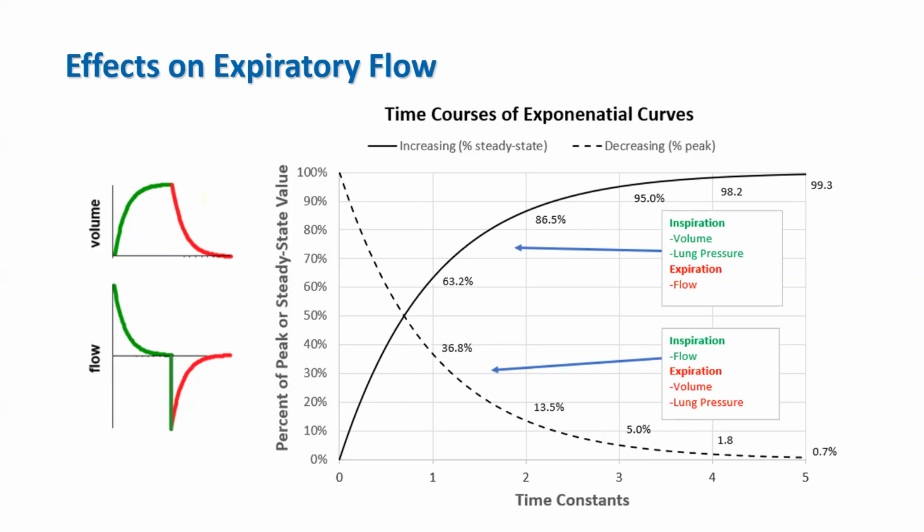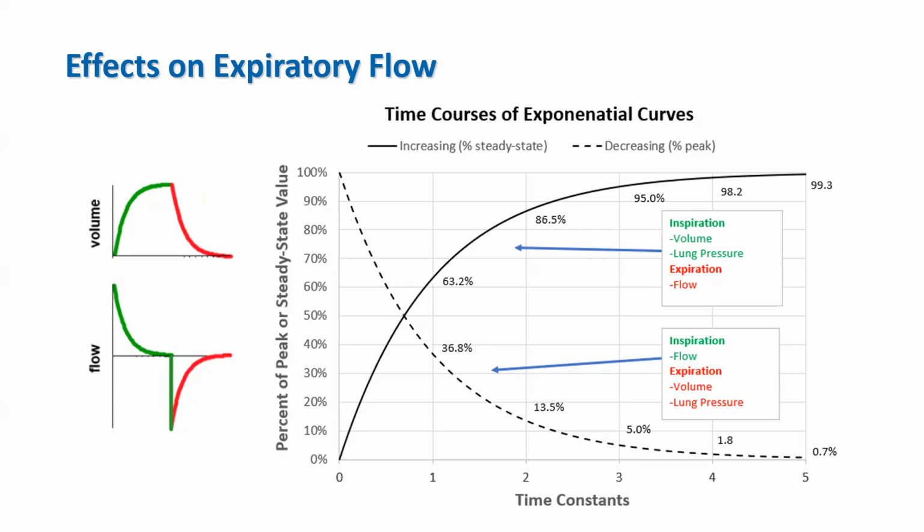In the same way on expiration, and this is true of any mode of ventilation, passive exhalation proceeds as an exponential curve, and it takes 3 to 5 time constants for the patient to completely exhale. And if your expiratory time isn't set that long, then you're going to get some degree of gas trapping and auto-PEEP. So that's how the idea of time constants can come into play.